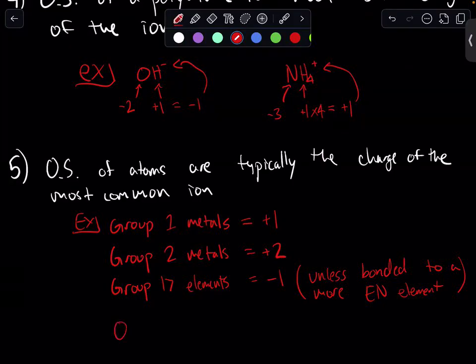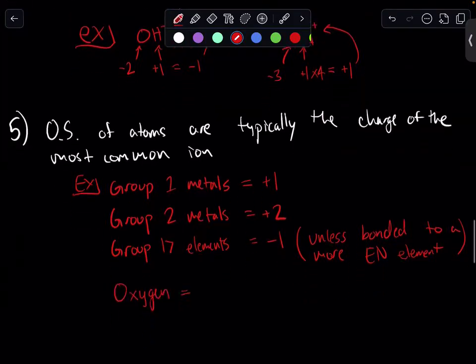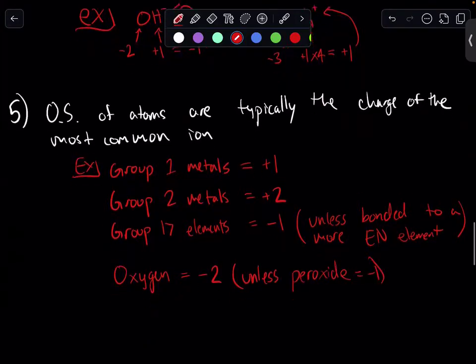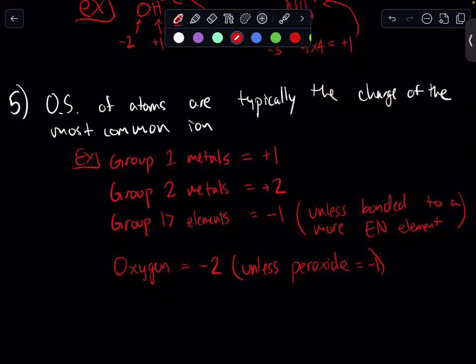And then we have 2 more here. Oxygen is almost always going to be -2. There are some rare examples, and that's unless peroxide. Peroxide has a charge of -1. So if you ever have peroxide or hydrogen peroxide, the oxygen will be a -1 oxidation state.